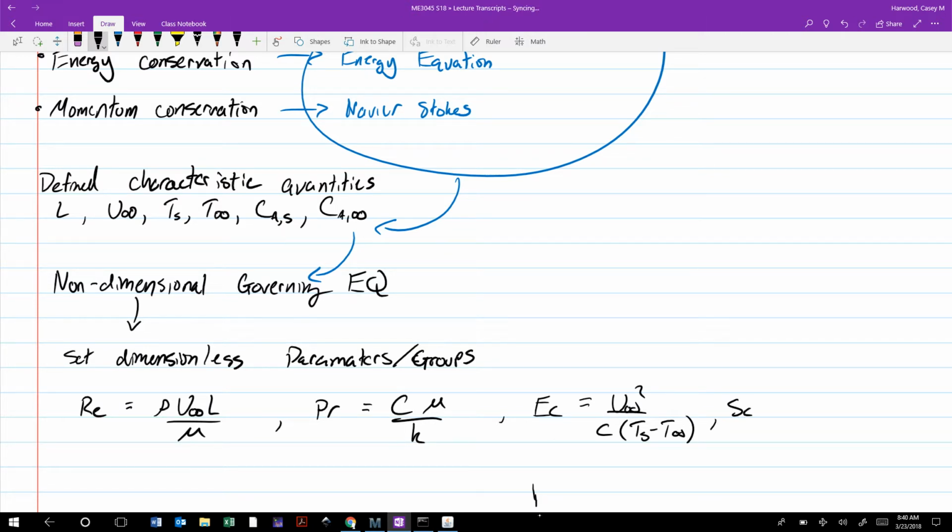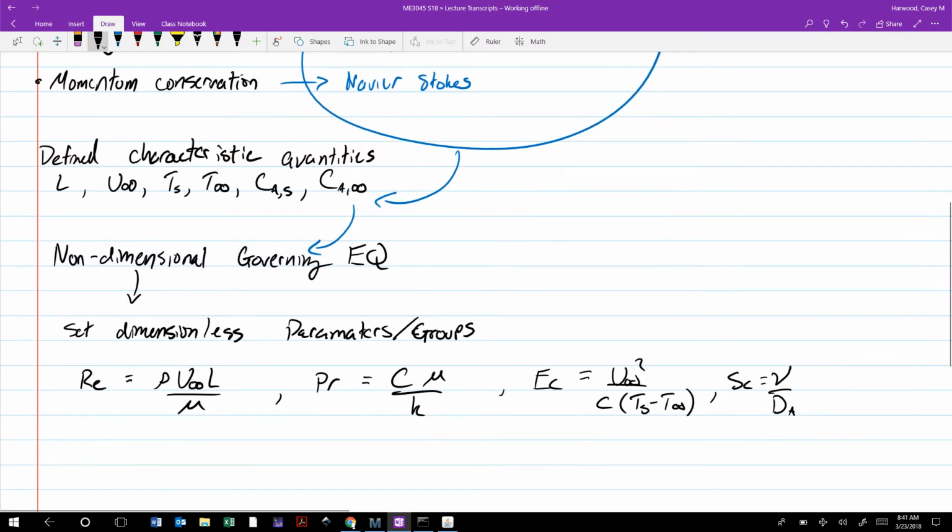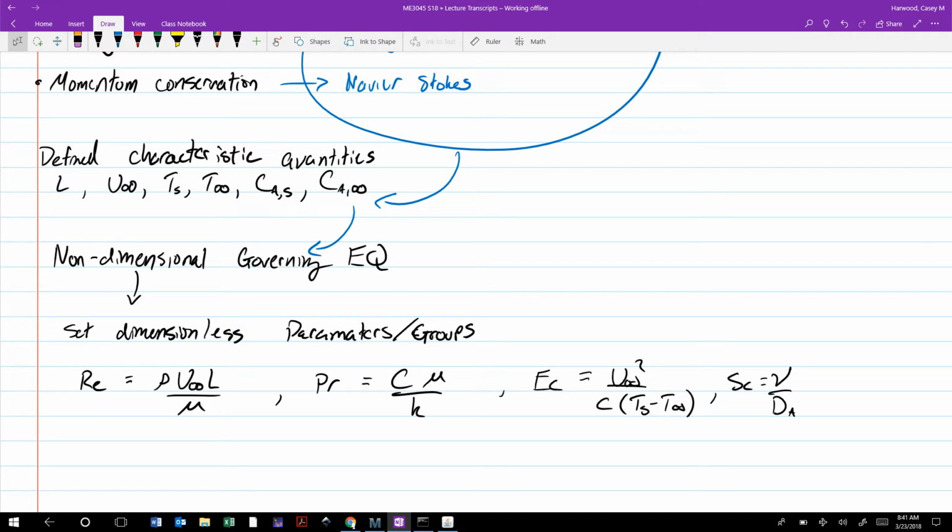And the Schmidt number, which is the kinematic viscosity over the mass diffusivity. This set of four parameters are what we end up seeing alongside our dimensionless velocity, dimensionless temperature, and dimensionless concentration.